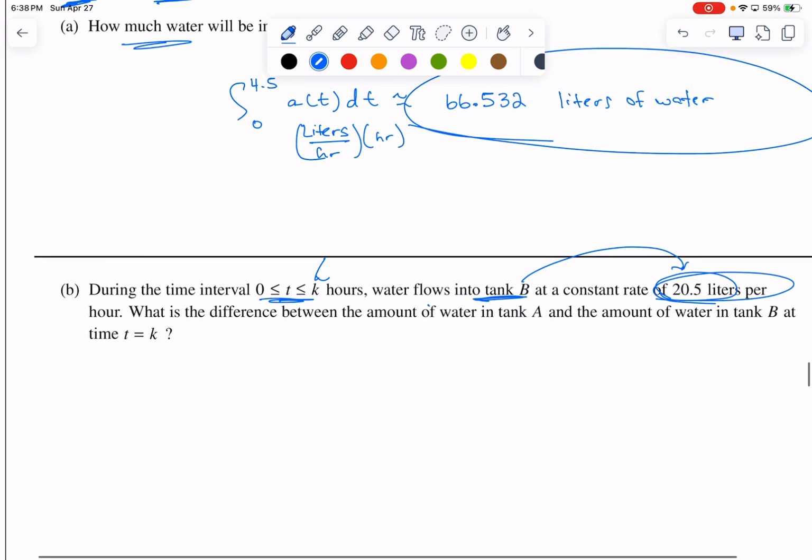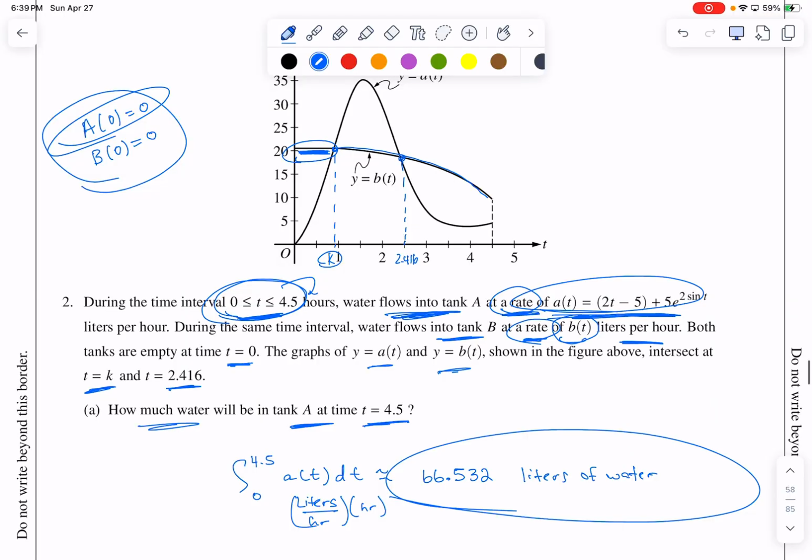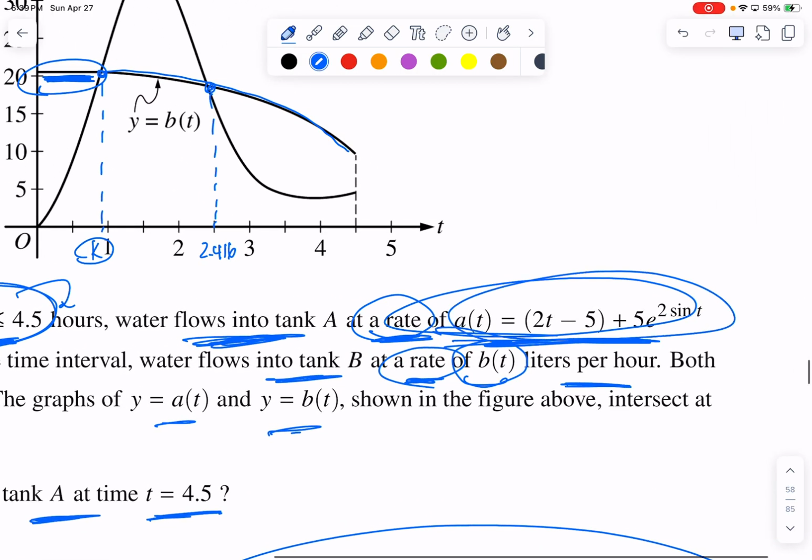So up to K, B of T is a horizontal line of 20.5. During the time interval from 0 to K, water flows into tank B at a constant rate of 20.5 liters per hour. What is the difference between the amount of water in tank A and the amount of water in tank B at T equals K? First of all, I want to figure out what K is. Do we have the equation for A of T?